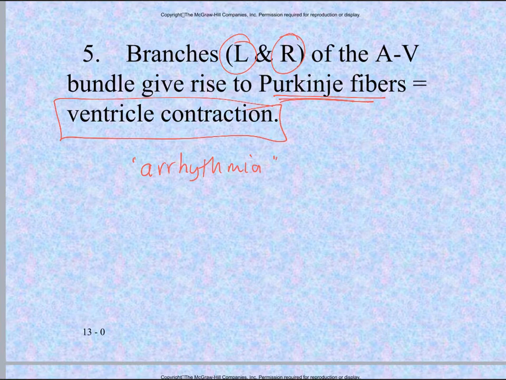So oftentimes with something like a myocardial infarction or a heart attack, those cells that make up the cardiac conduction system are impacted by lack of blood flow due to maybe plaque buildup or some kind of issue with blood vessels, and the heart is not being perfused with blood, and those cells start to die. And if those cells are dying, the fibers can't transmit electrical impulses through them, and this may cause an arrhythmia.